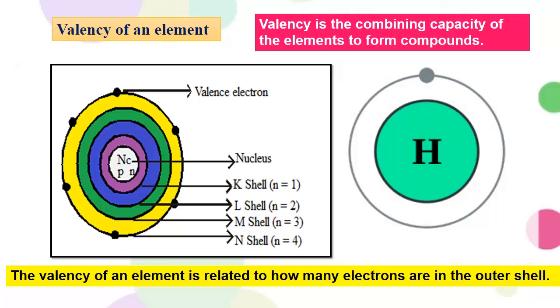All these are compounds. They are formed with the combination of elements. Even your water, H2O, is made up of a combination of hydrogen and oxygen. Salt, sodium chloride, is the combination of sodium and chlorine.